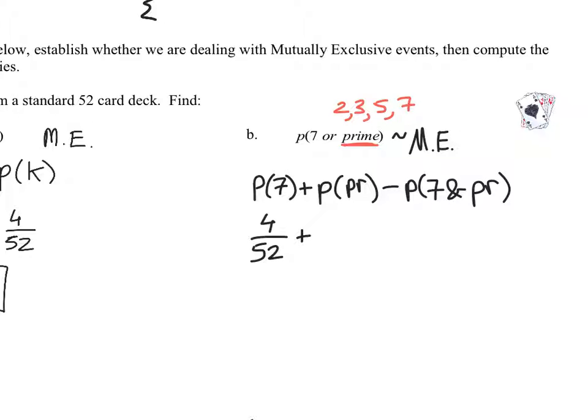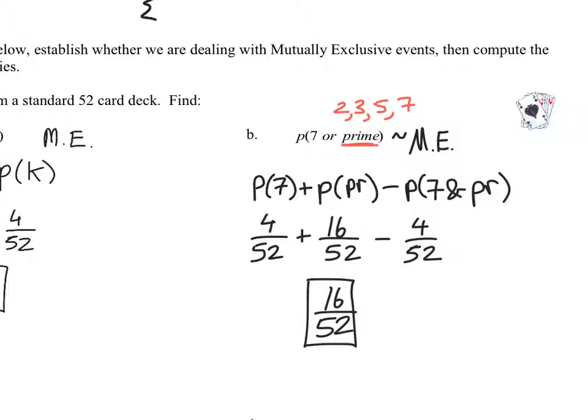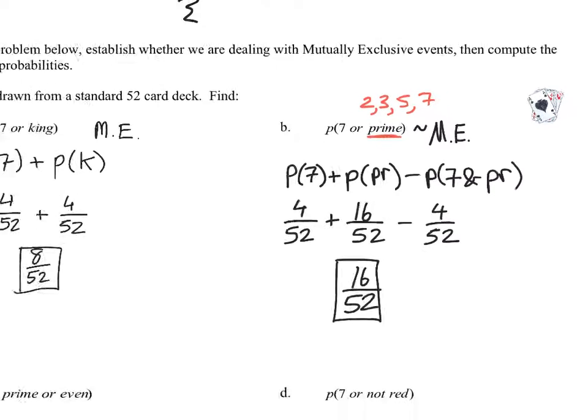So for each suit, there's a total of 16 of them. But we would have been double counting the 4 7s. So as it turns out, because the primes actually encompass the set of 7s, we're looking at 16 out of 52, which happens to be the probability of getting a prime number in a deck of cards as being the only probability that's relevant.